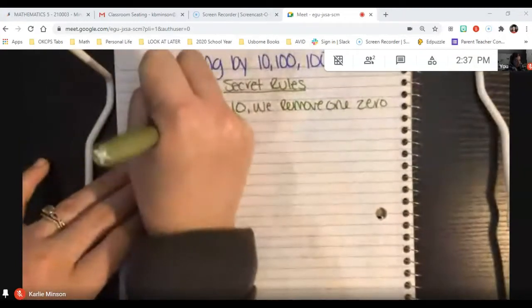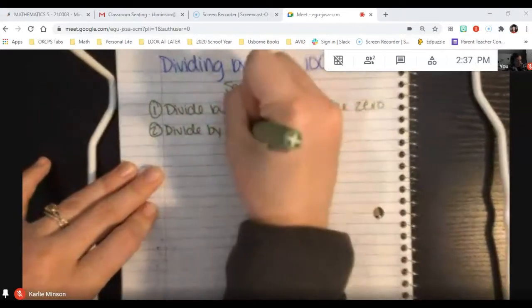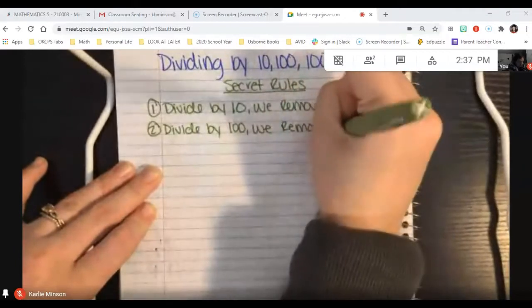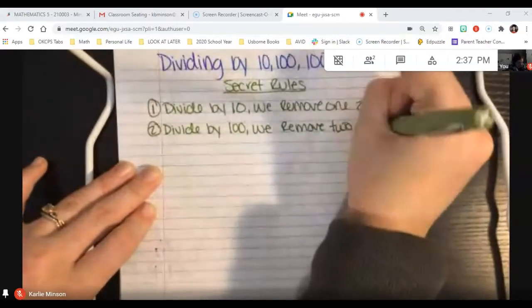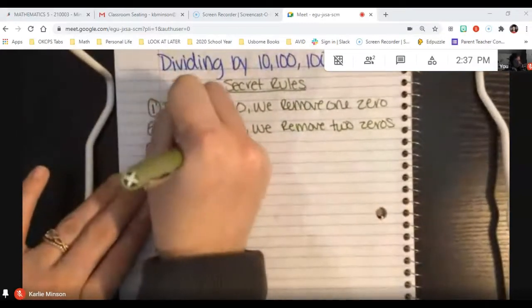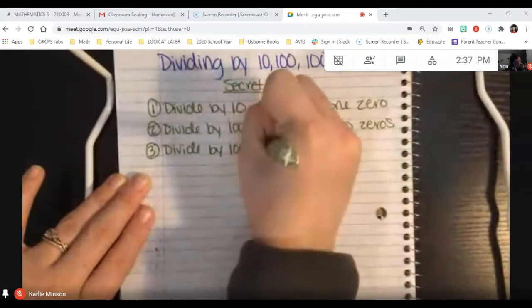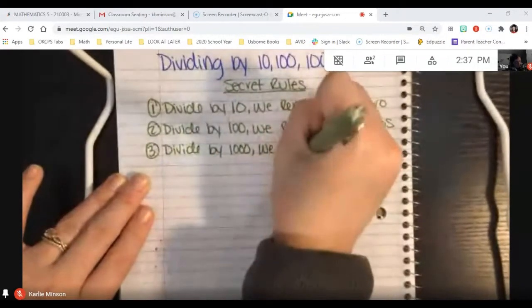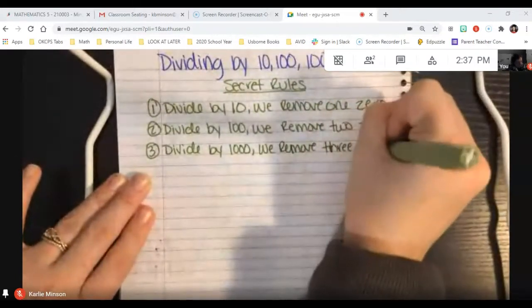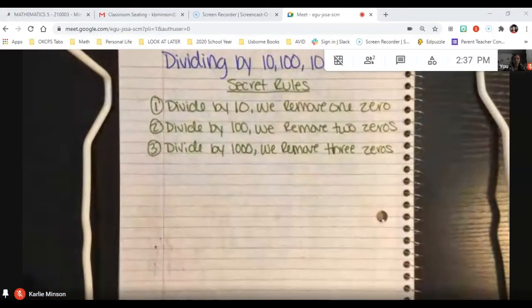When we divide by 100, we remove 2 zeros. When we divide by 1,000, we remove 3 zeros. So go ahead and pause the video and write that in your notebook.